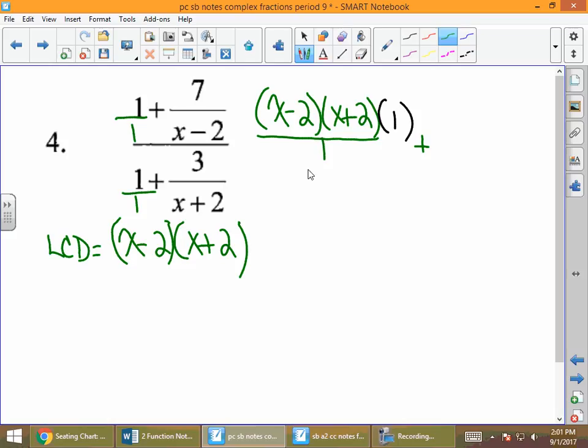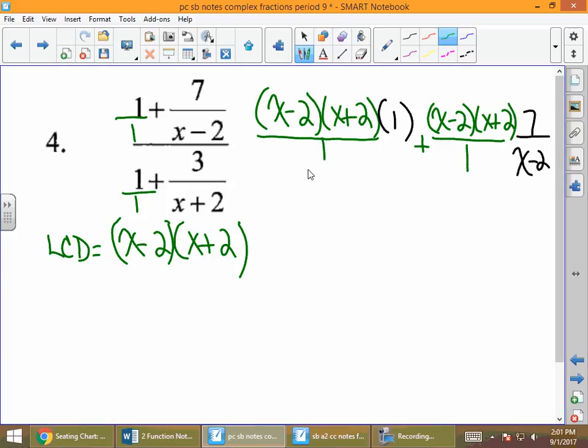Then we're going to take x minus 2 times x plus 2 times 7 over x minus 2. We multiply each individual term by the least common denominator.